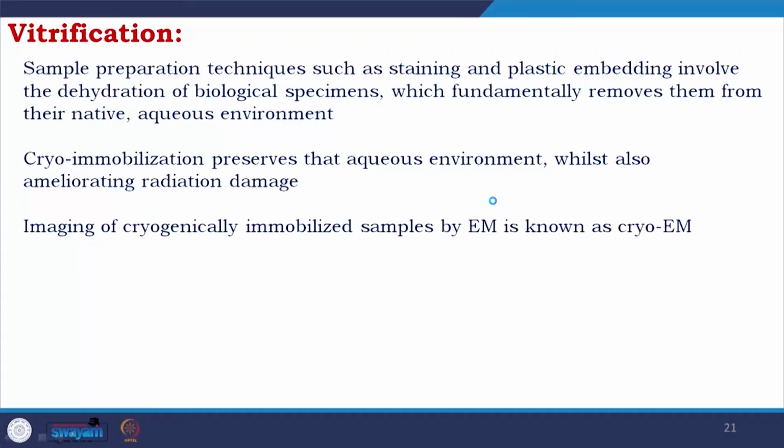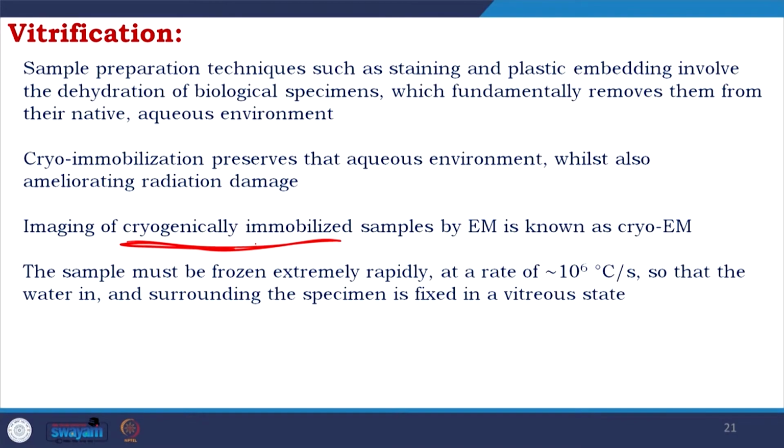By doing this cryogenic immobilization, that makes cryo today's cryo. In the next class, when I talk about how the high resolution which we are getting today is achieved, one of the main reasons is this.